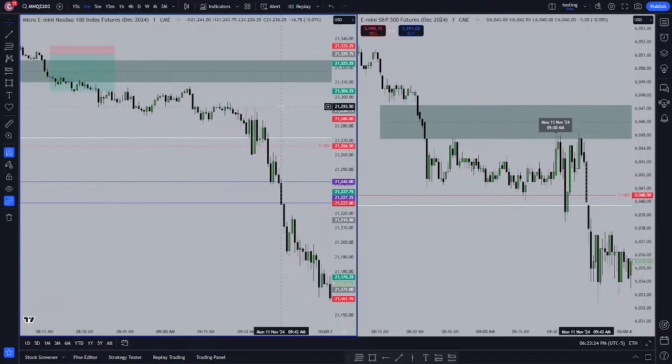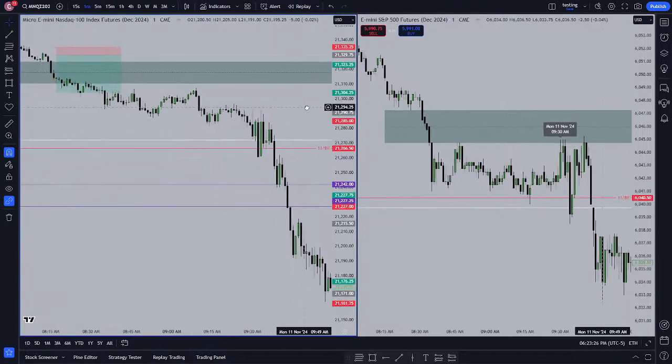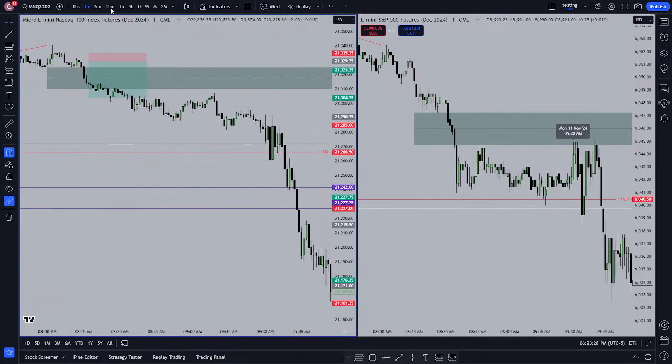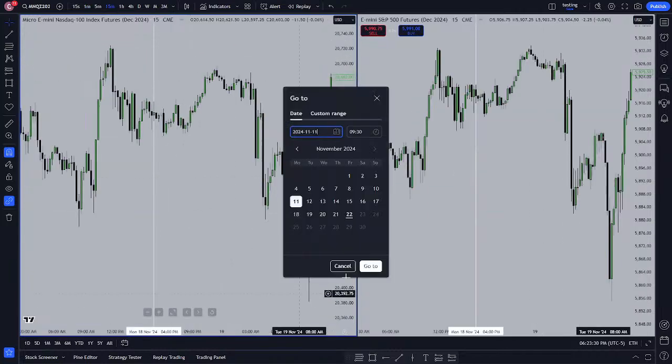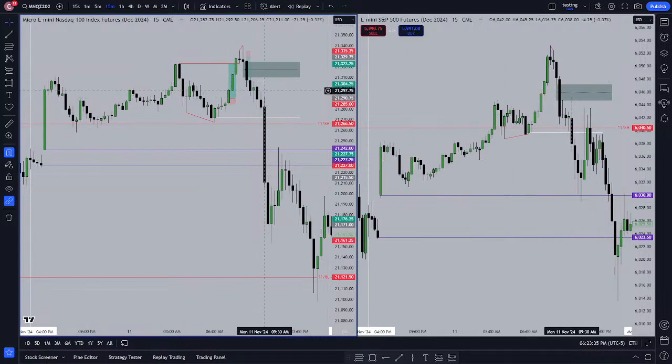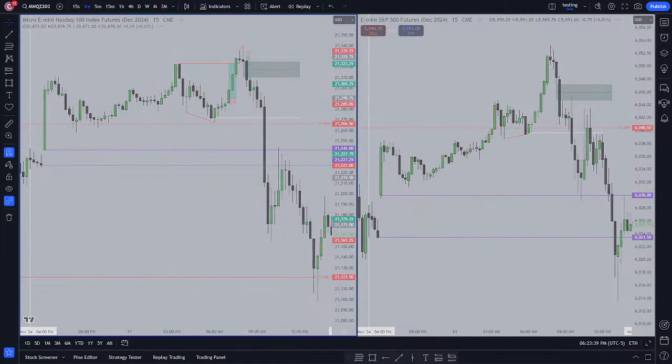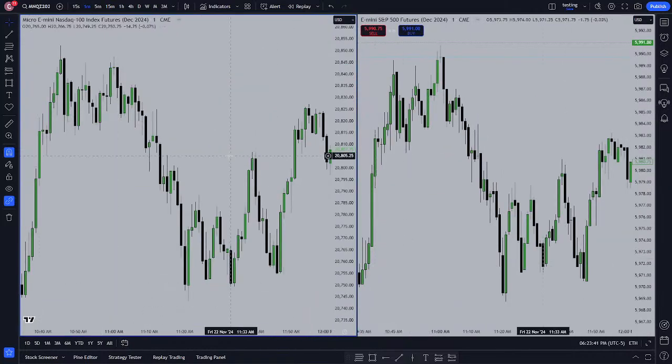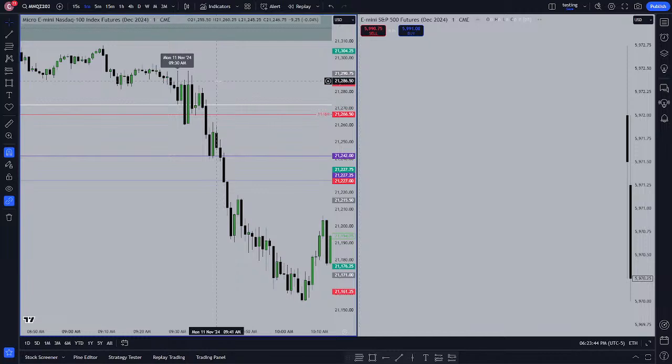Then I remember this. 9:30. What I'm framing here is I wanted to see one of them go into here, make an SMT, then drop down to here. So this is what that looks like.